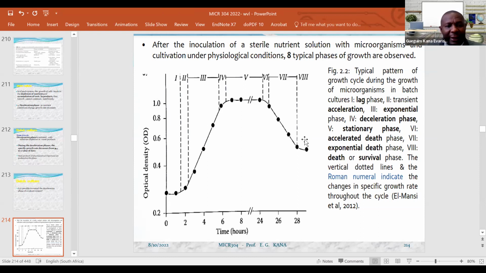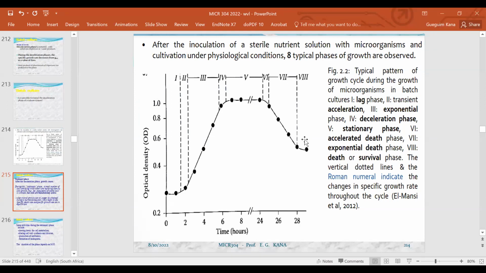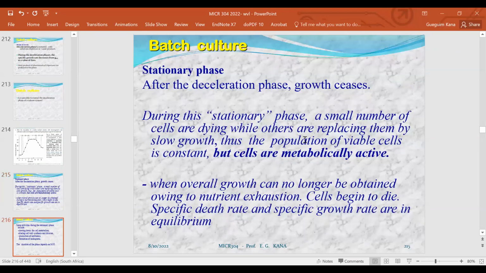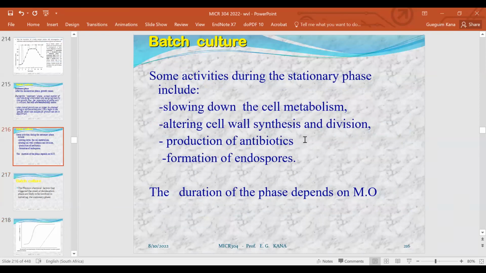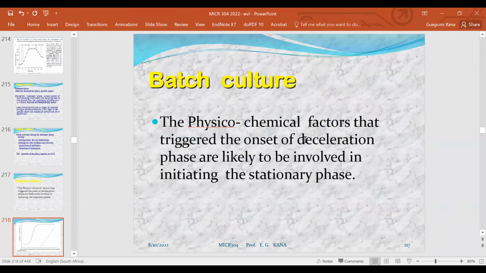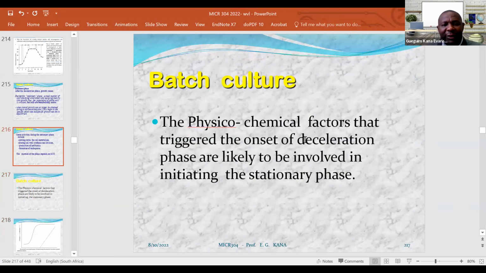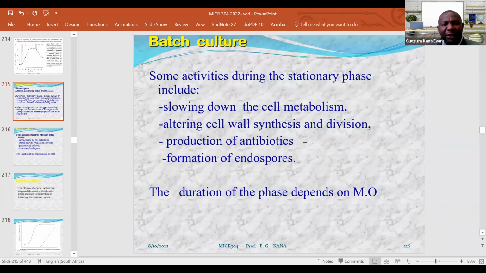At the last lecture, we began to have a look at how the microbes behave within each of those stages, and we stopped at the deceleration phase.